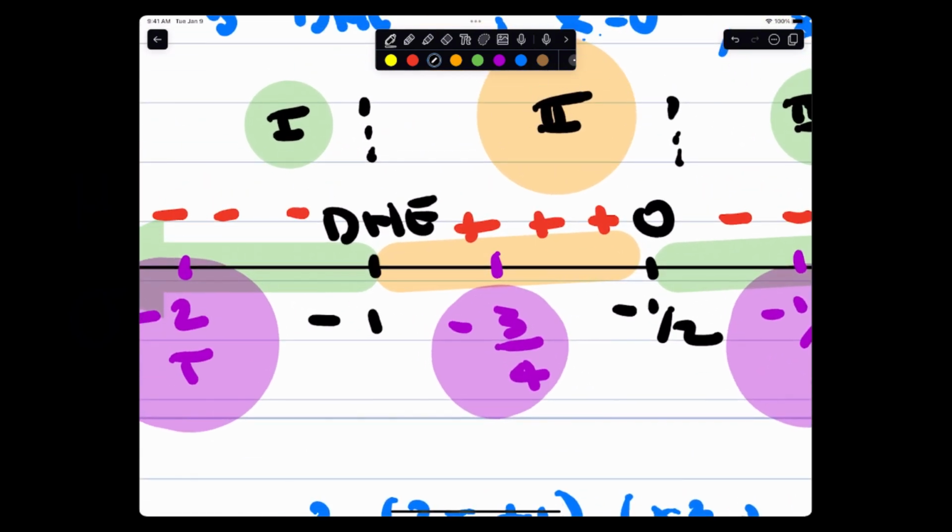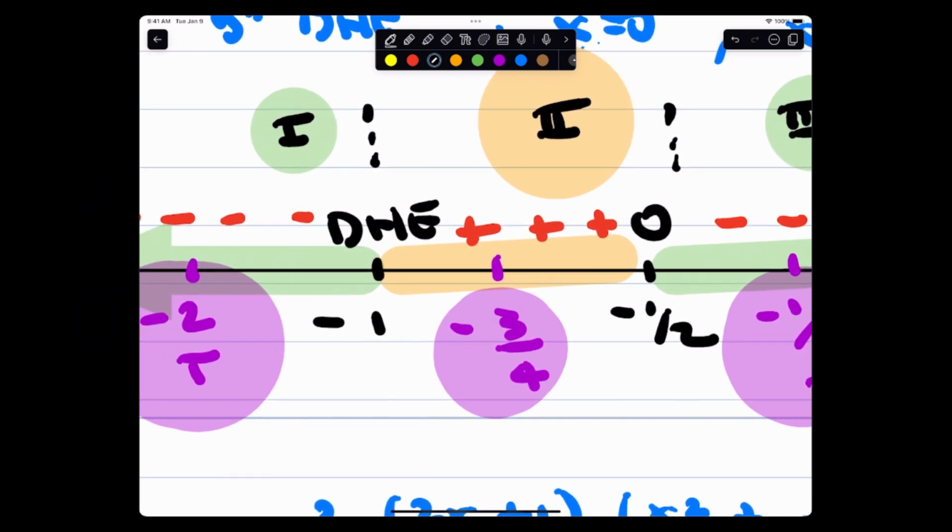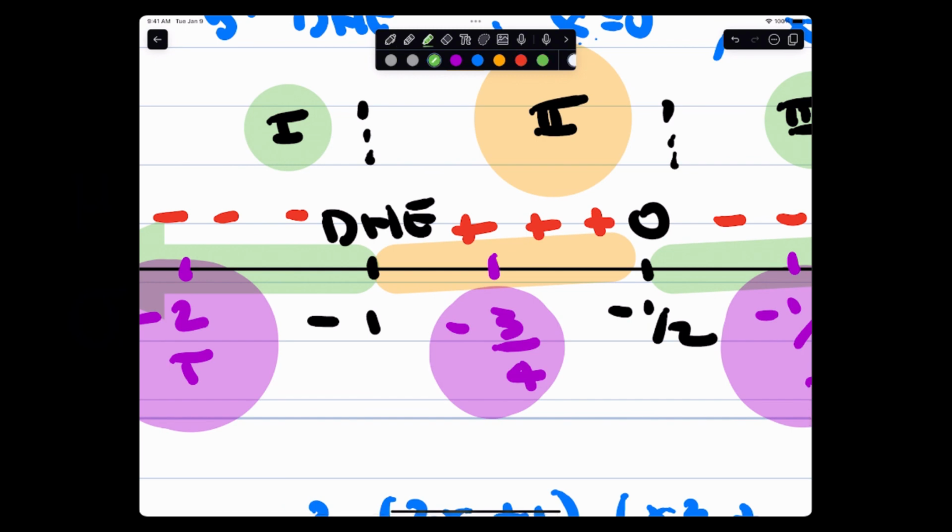Do you have an inflection point at -1? Why not? Because to be an inflection point, you got to be a point on the curve. -1 is a vertical asymptote.